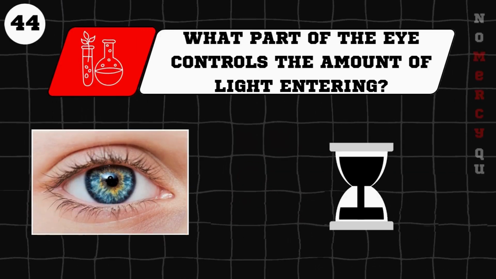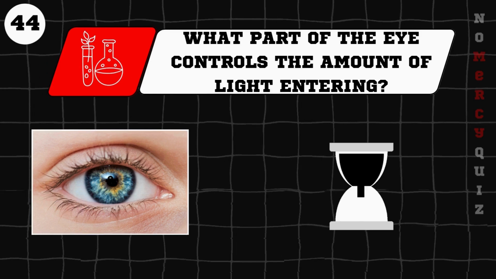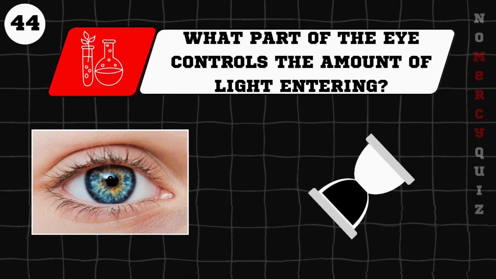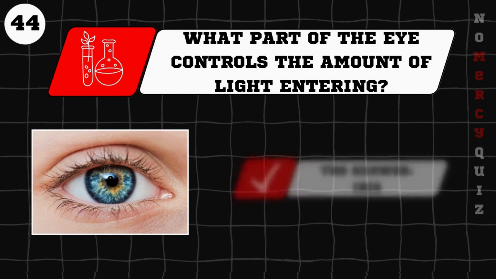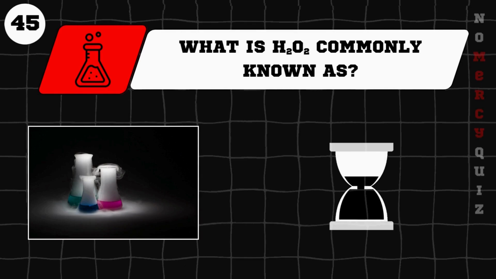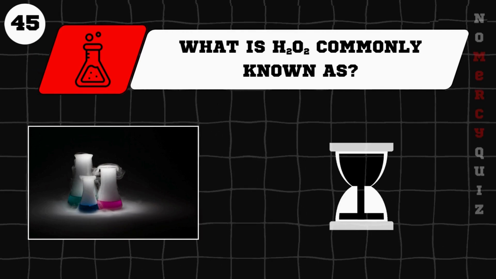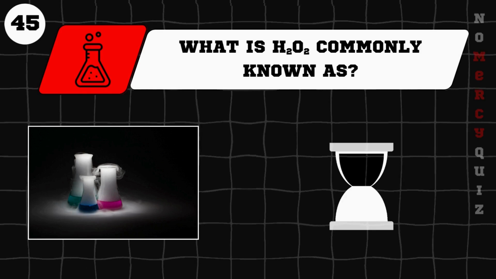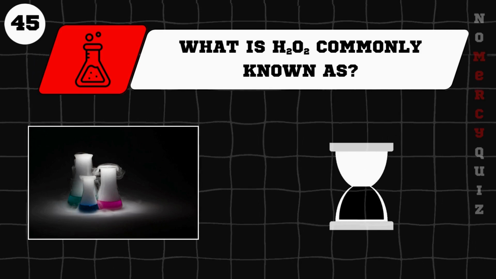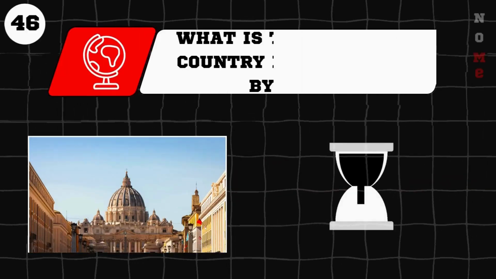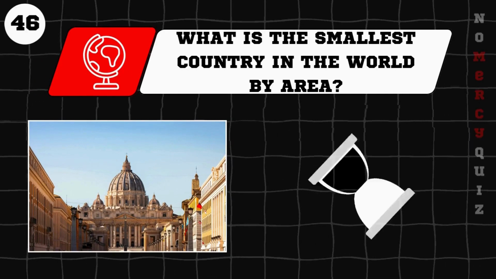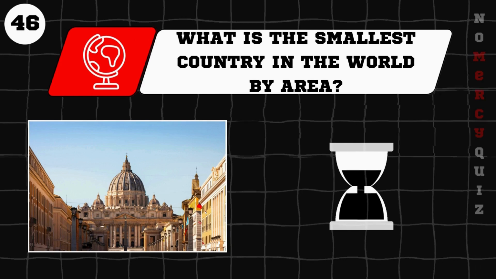What part of the eye controls the amount of light entering? The iris. What is H2O2 commonly known as? Hydrogen peroxide. What is the smallest country in the world by area?